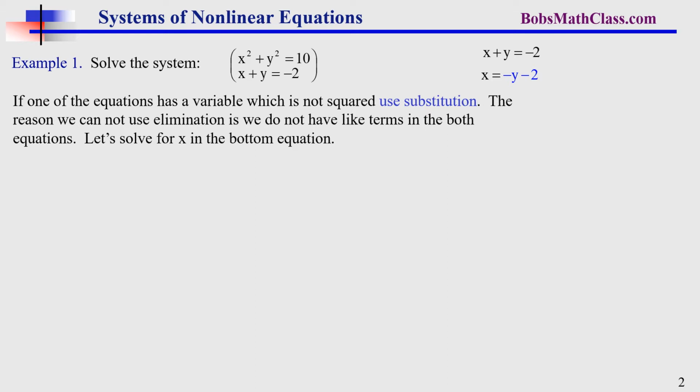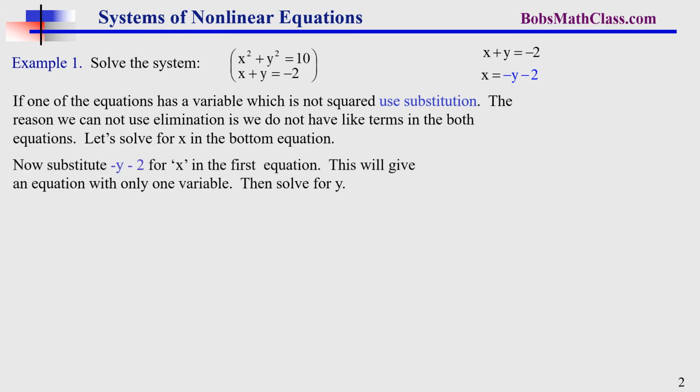So now we're going to substitute that negative y minus 2, the right-hand side, into the first equation for x. Then we're going to solve for y. So negative y minus 2 replaces the x in the top row.